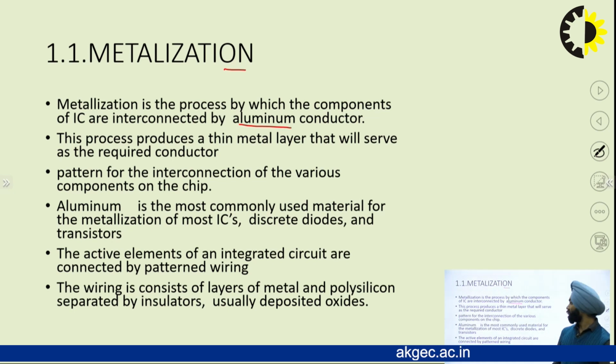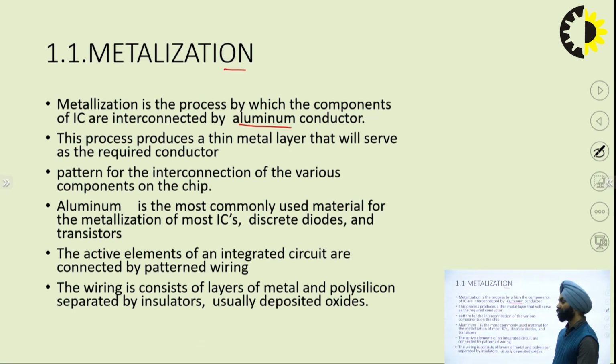This process produces a thin metal layer that serves like a wire or a conductor between the devices, in a pattern of interconnection of the various components on the chip. These patterns are like the wires between two different devices.